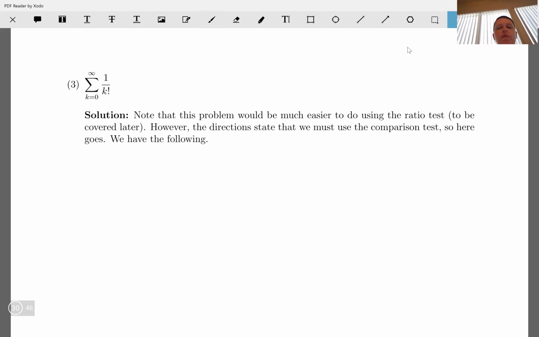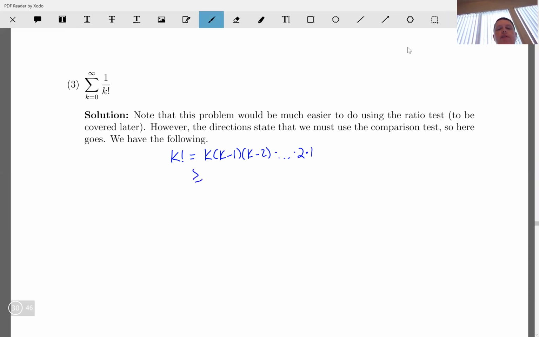So what you want to remember is k factorial is going to be k times k minus 1 times k minus 2, etc., all the way down to times 2 times 1. And this is going to be greater than or equal to 2 times 2 times 2 times 2. How many times?